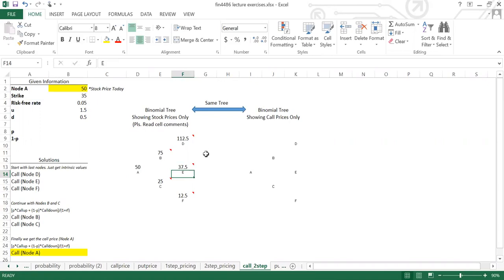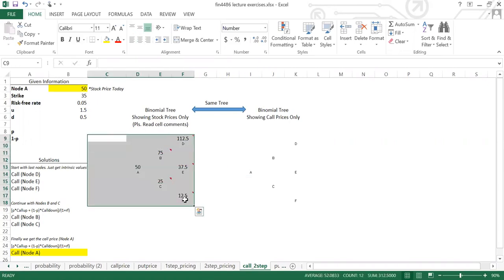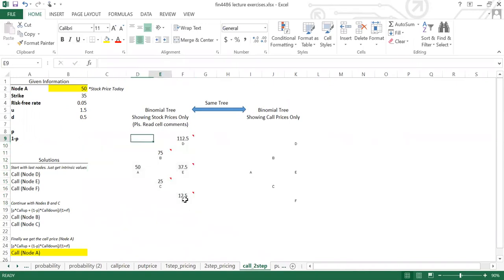Either way works. Now, what we have done is we have completed the tree for the stock, and now we need to complete the tree for the option. The way we do this is we start by the final nodes of this tree, where we are basically evaluating the option price at expiration.